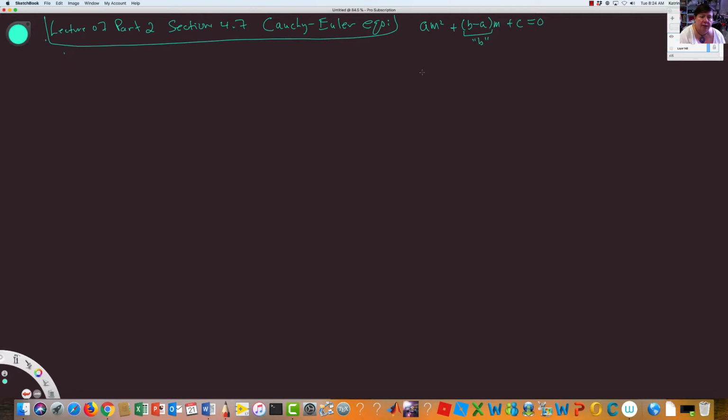Now, for the previous case where we had constant coefficients and we were solving for the complex roots, we wrote this as m1 equals alpha plus i beta, and m2 equals alpha minus i beta. Go back and remind yourself what those are. But beta is real. So the solution in that case is y equals, I'm sorry about the lawnmower, by the way.